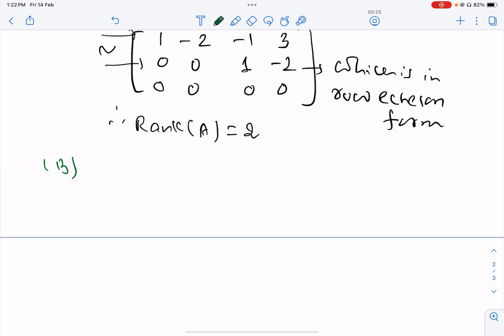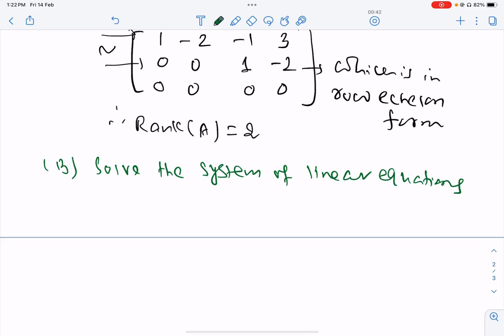So next is like this: solve the system of linear equations using Gauss elimination method.